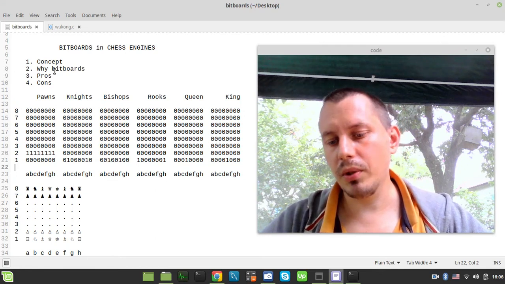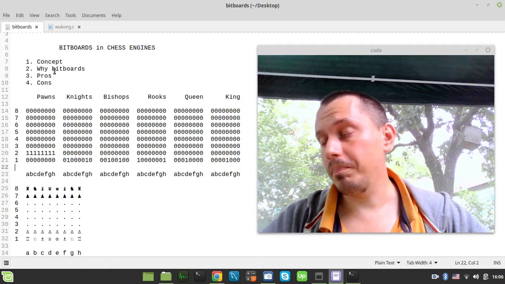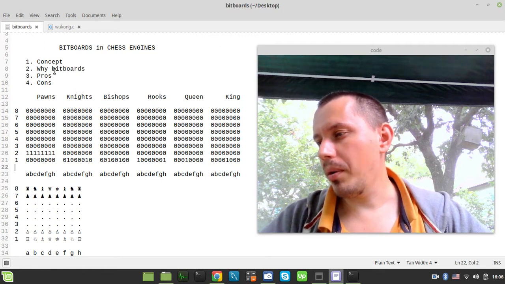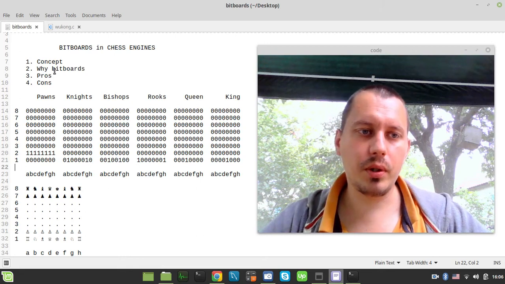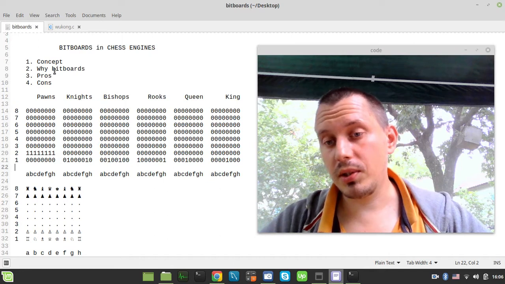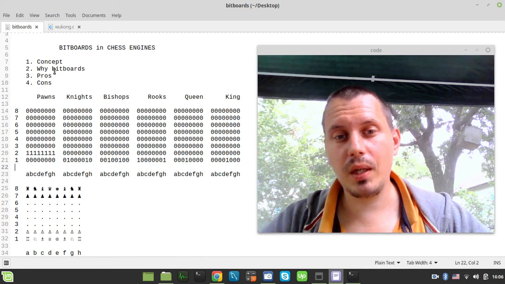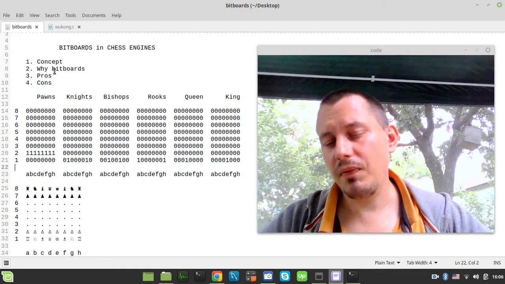the array based boards. And by the way, that's one of the most important differences between bitboard based chess engines and array-based chess engines. We may say that bitboards are faster than the array-based chess engines, but not that significantly, to be honest.